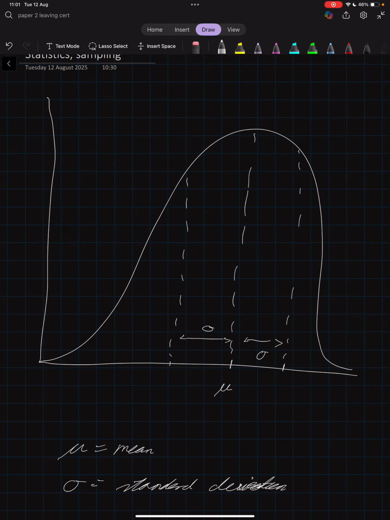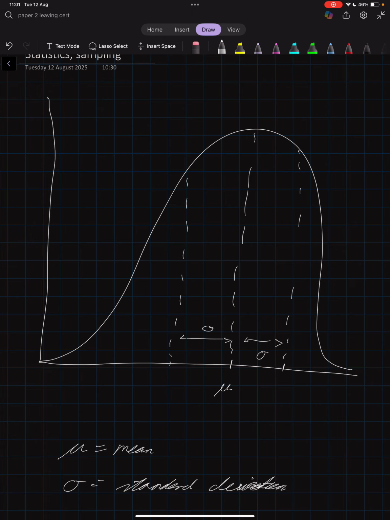So if I tell you the mean height in Ireland is 5'8", and I told you the standard deviation was a foot, then it would be relatively common that you'd find someone who's 4 foot tall and someone who's 8 foot tall.